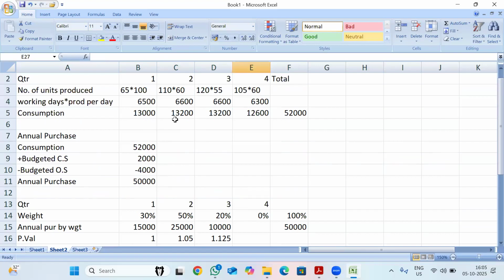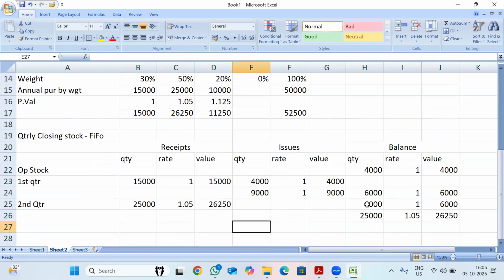That is consumption 13,200. Out of this 6,000 I will be issuing this. So the remaining, 13,200 minus 6,000, will be gone from my purchase, that is 1.05.